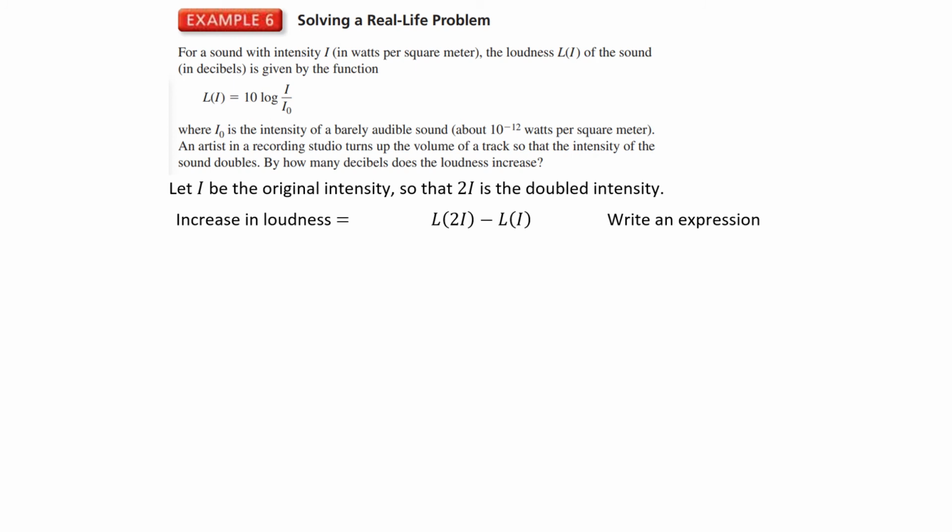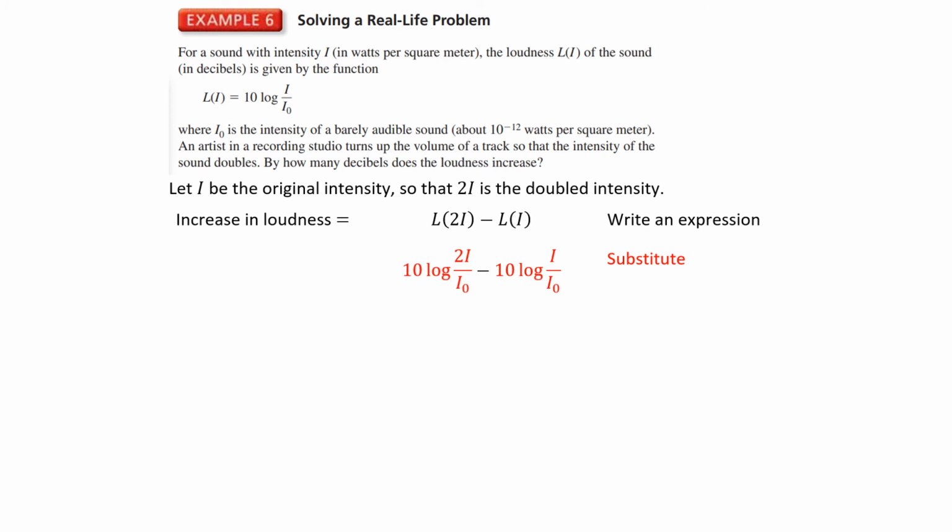So take a look at that simple expression L of 2I minus L of I and look above to what the original function is. How can we rewrite this? We'll perform a substitution. We're basically subtracting the same two things. It's just that that 2I appears in the numerator of the first expression.